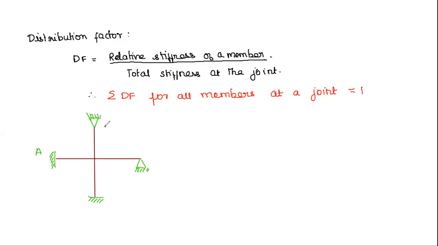So it will be ends A, B, C and D. Consider a frame like this and there is an applied moment of M. Let the moment of inertia be denoted by the letter I and the length by the letter L. So let it be L1, I1, L2, I2, L3, I3 and L4, I4.